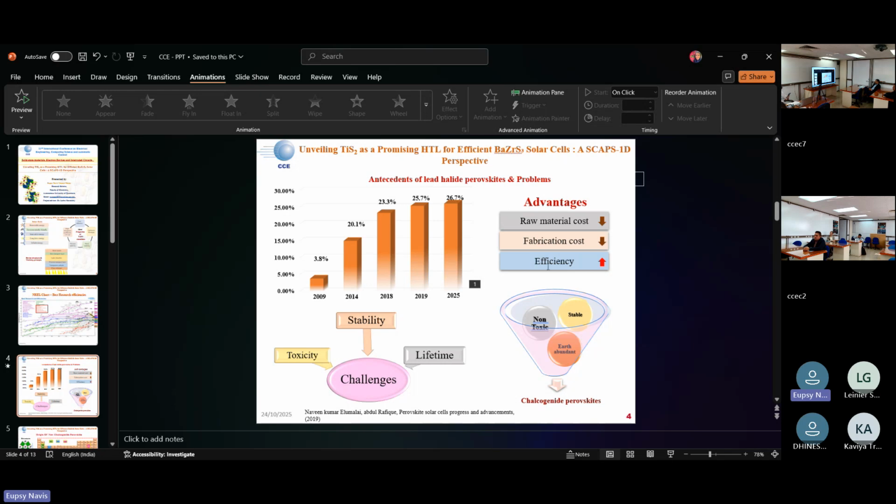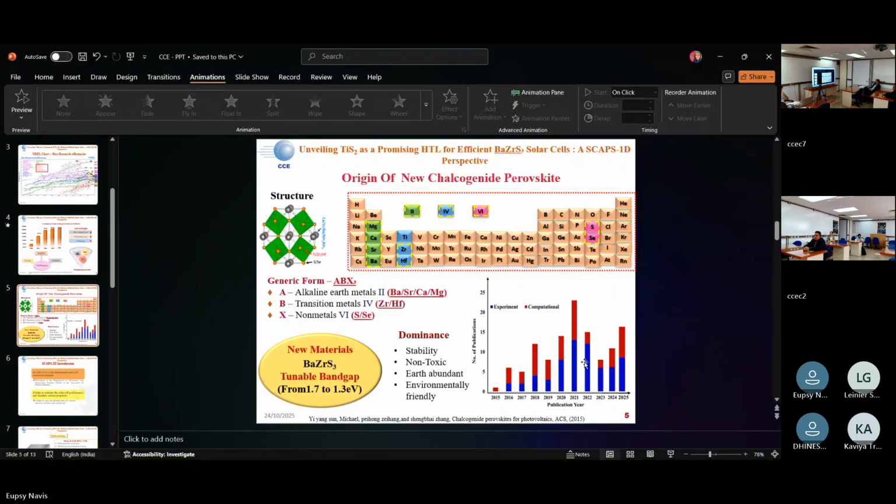So here come chalcogenide perovskites, which are non-toxic, stable, and composed of earth-abundant elements. These chalcogenide perovskites are of the generic form ABX3, in which A is composed of alkaline earth metals, B of transition metals, and X of non-metals.